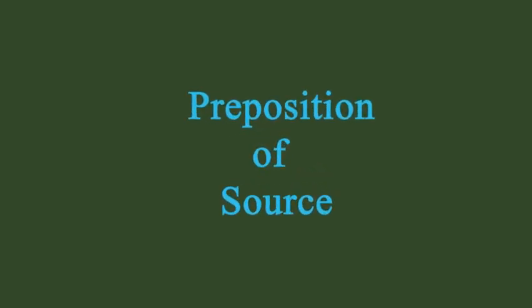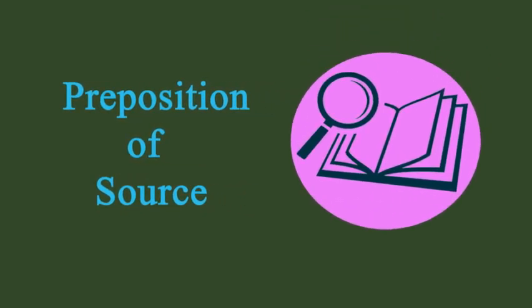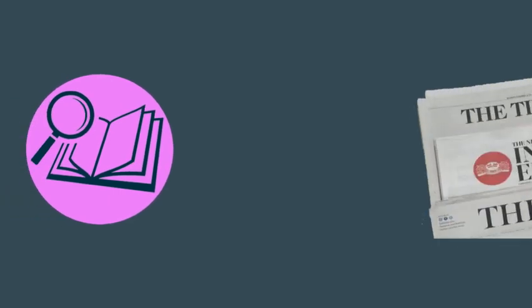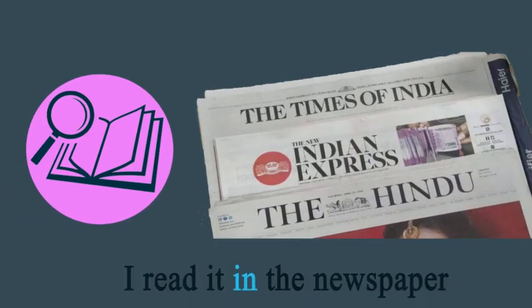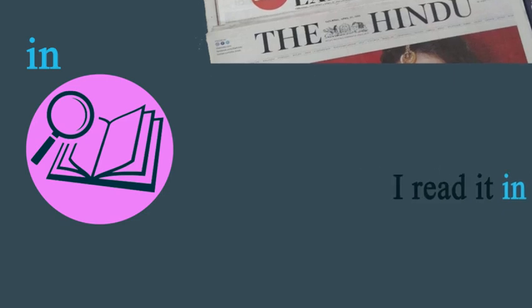Preposition of source. It is simply the origin or source of something. Let's try to understand with examples. I read it in the newspaper. In implies a preposition of source.